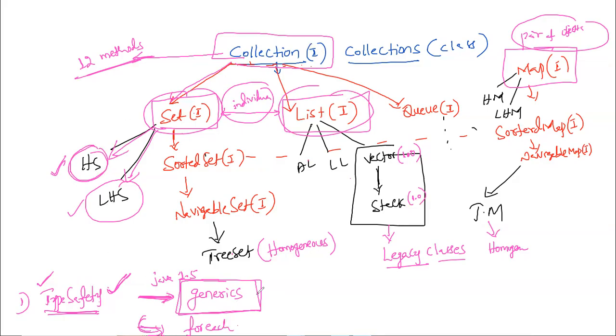Then, to go with generics and to understand more about the Set interface and its implemented classes, why we need three, before that there are two common points. What is the first common point?